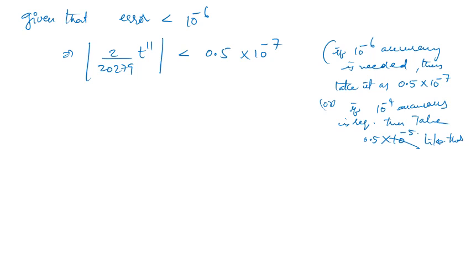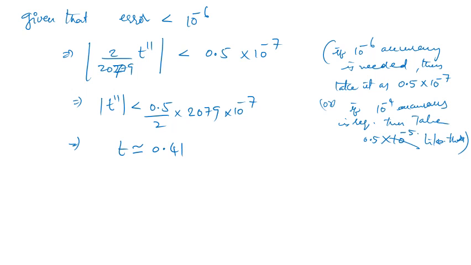This is the idea of after rounding. So from this, t power 11 is less than how much? 0.5 by 2 into 2079 into 10 power minus 7. By trial and error, you will get t value as 0.41. Okay, this is one model problem. Next one, Runge Kutta methods.